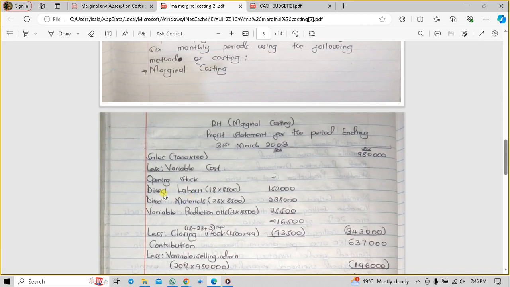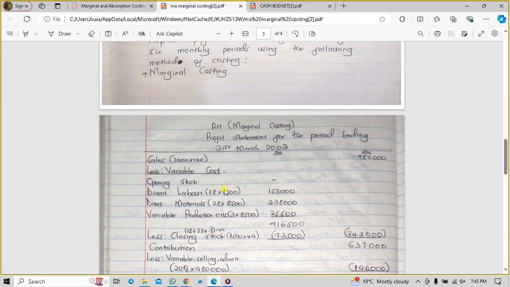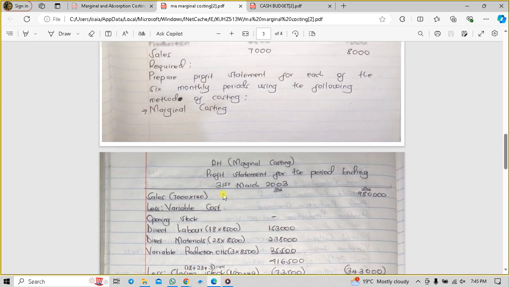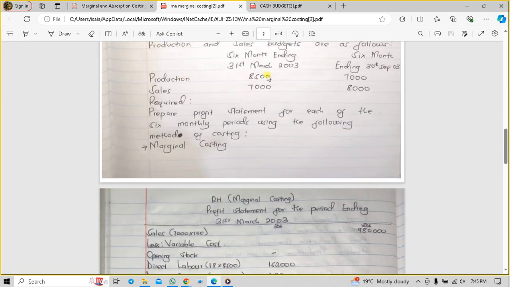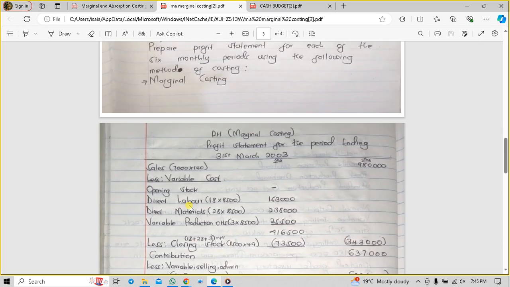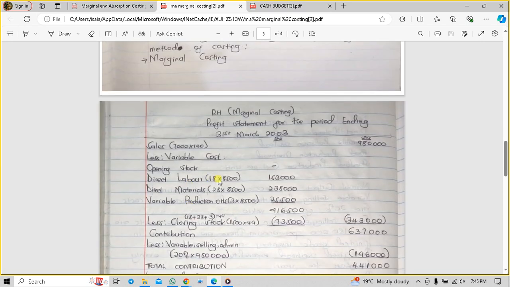So direct labor is 18 shillings, but now the production, so we multiply by the production. Production is 8500. So we say 18 times 8500, so that we can know the labor that is required to produce 8500 units.